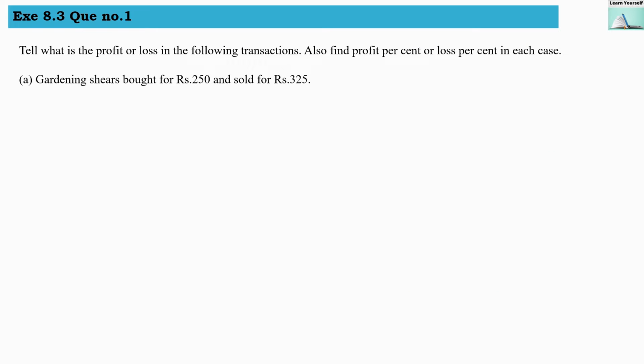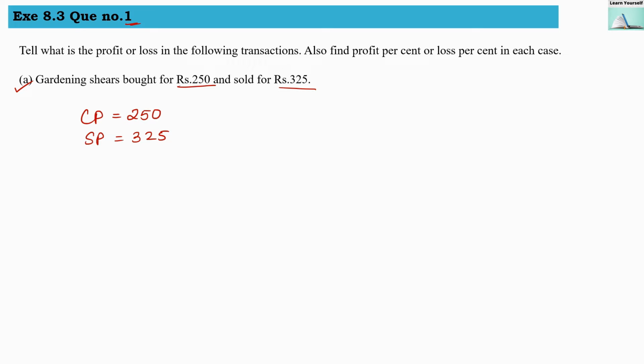Exercise 8.3, question number 1. Gardening shares bought for rupees 250 and sold for rupees 325. So first we will see whether this is a profit or loss. So our cost price here is 250 rupees and selling price is 325.